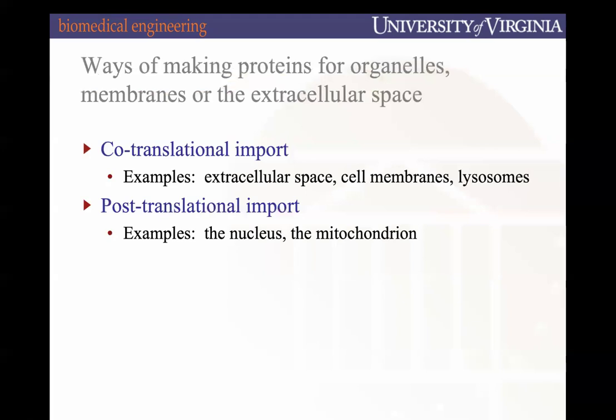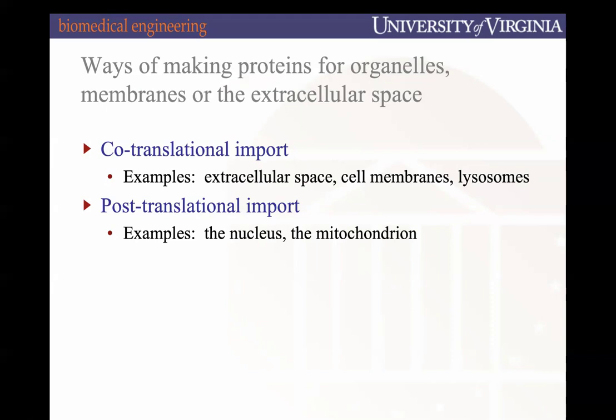There are key ways in which our cells know where these newly synthesized, newly translated proteins are meant to go. There are two key examples of this process of shuttling them around the cell.